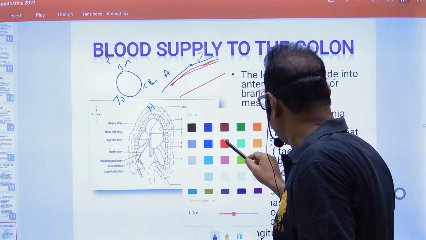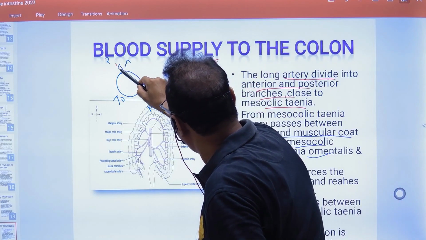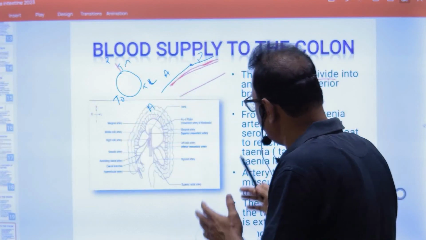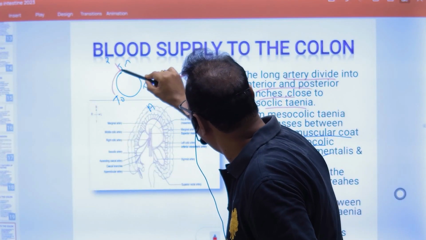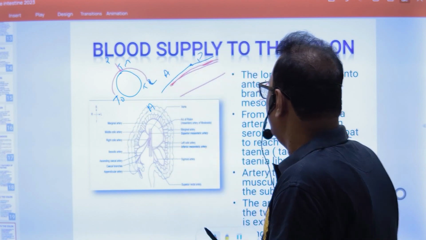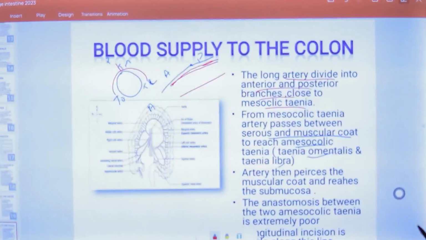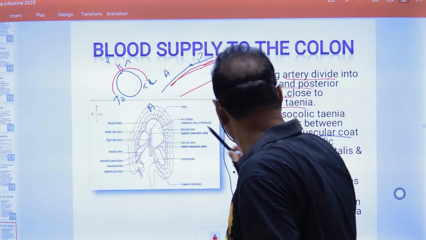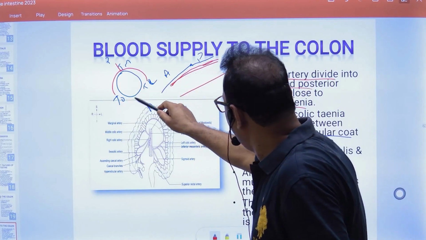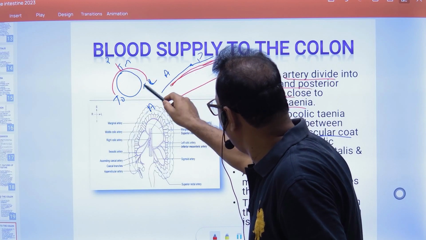Now the artery is coming over here to the taenia mesocolica, and from the mesocolica it reaches toward the omentalis and toward the libera. This artery going toward this is the antimesocolic area.